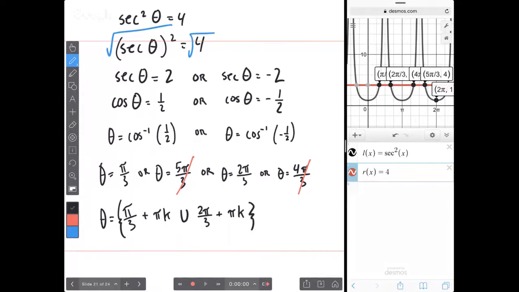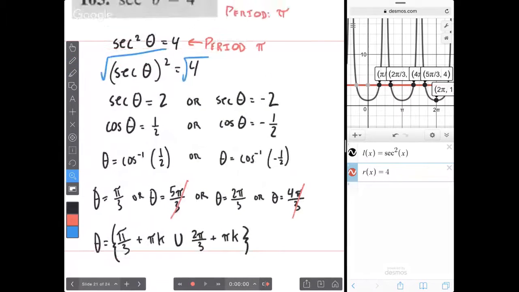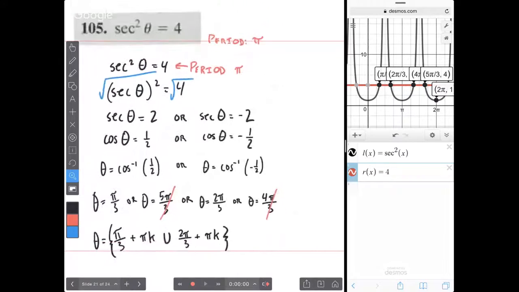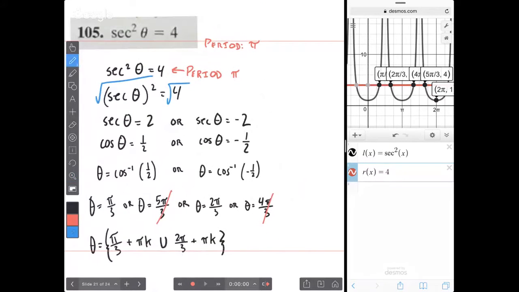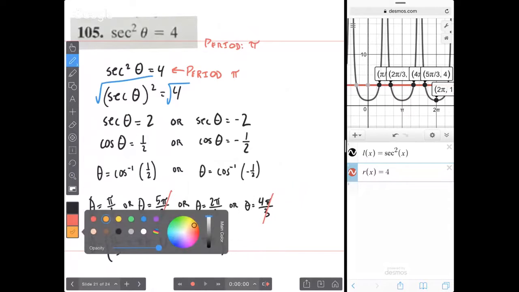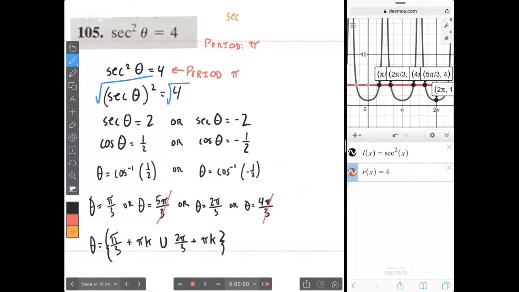So this secant squared function that I'm looking at here has a period of just pi. But just so we remember, secant theta has period 2 pi.